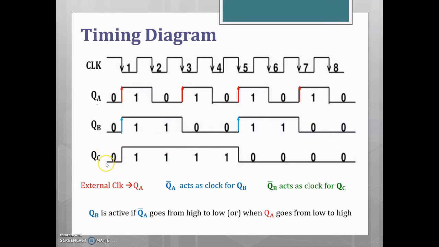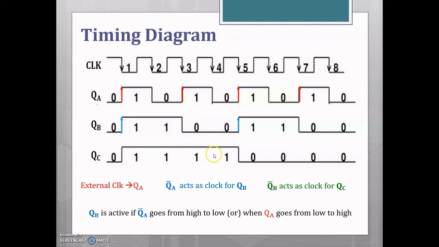And for the C flip-flop, QB bar acts as a clock. So QC is active if QB bar goes from high to low, or we can say when QB goes from low to high. Initially it remains in the 0 state, and the C flip-flop will be active when QB goes from low to high. So at this point the circuit is active and changes from logic 0 to logic 1.